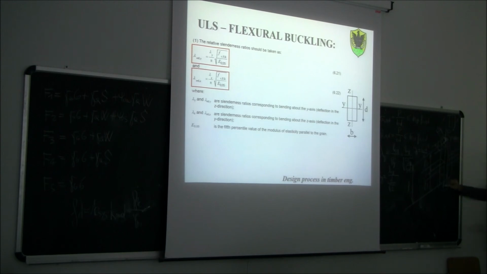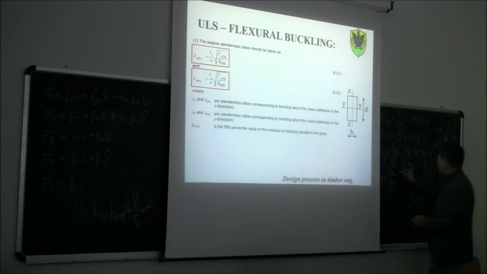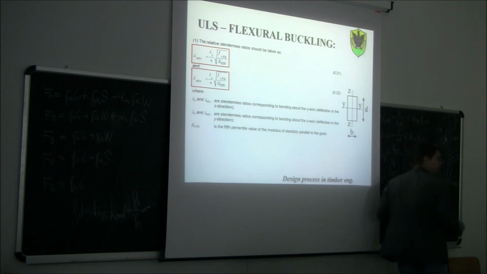Okay? So is this member here able to restrain the column from buckling out of plane? No. In the other side, yes, but not out of plane. So I agree with you. So this is fine. L0y is basically L. Okay?